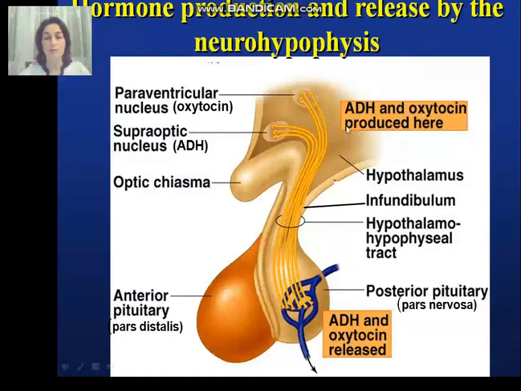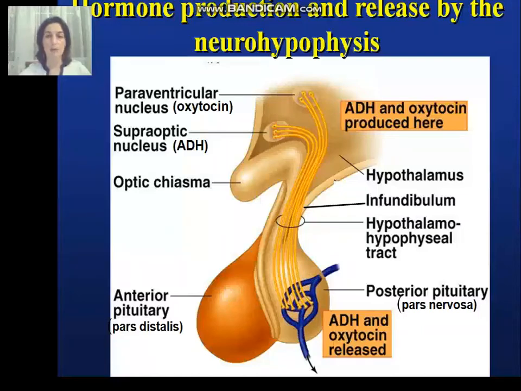Mainly the supraoptic nucleus produces ADH, and the paraventricular nucleus produces oxytocin. These hormones are then transported to the neurohypophysis to enter the blood circulation.